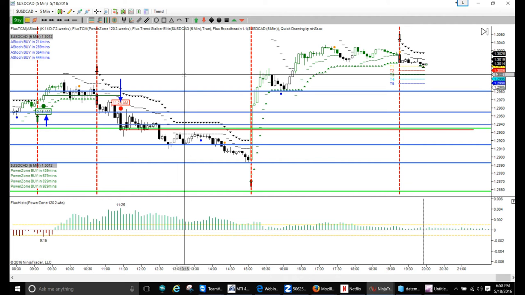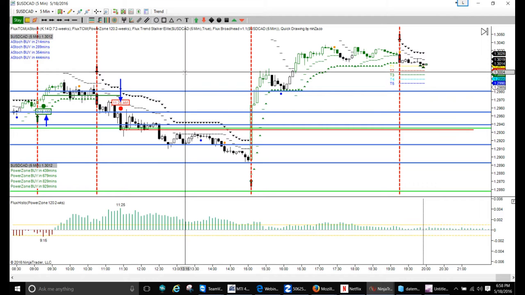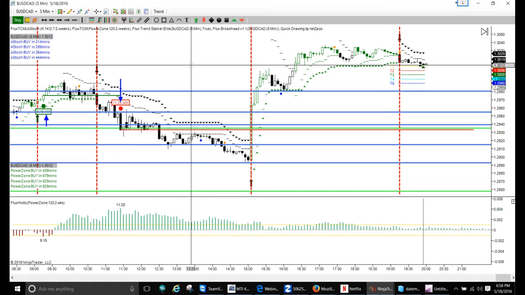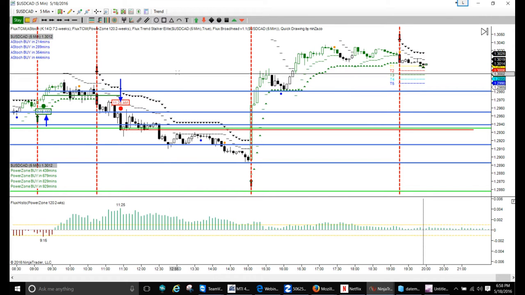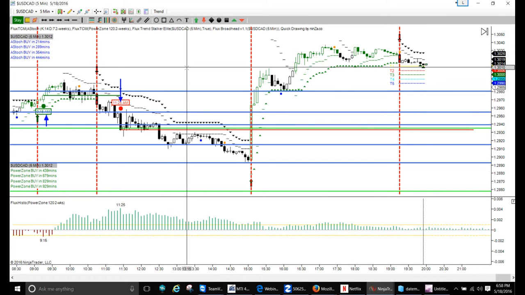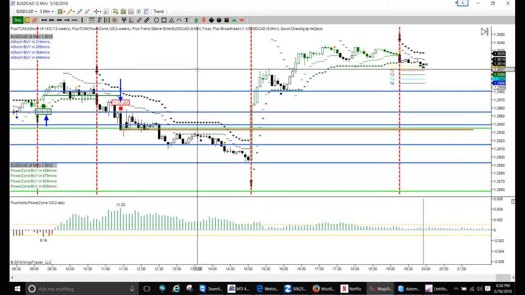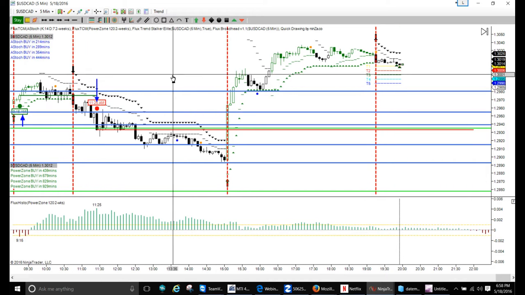I don't think I took any Aussie trades today because it was a little unclear, so I didn't take any of those trades. Just a few trades with the Canadian, the JPY, the Pound New Zealand and the Euro New Zealand. And that's it. I scored a ton of pips today.